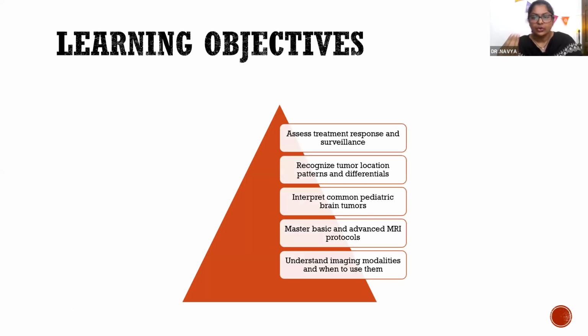If not, I'll also try to make you learn a little. And then, most importantly, interpret the common pediatric brain tumors and recognize the tumor location. What are the patterns? How do you differentiate between the two major types? And finally, at the end, how do I assess the treatment response and how do I keep the child in surveillance?